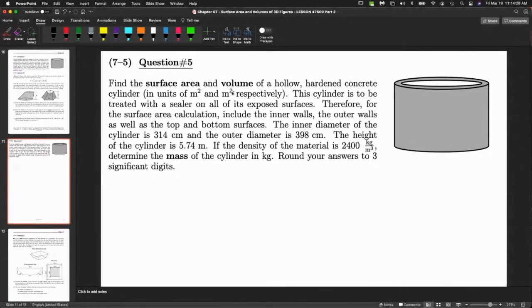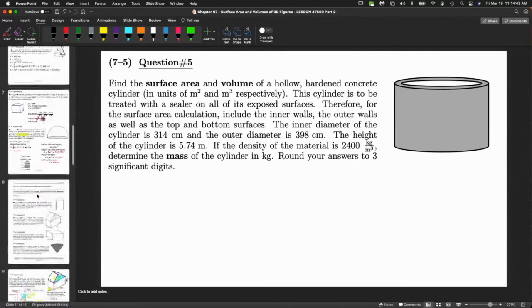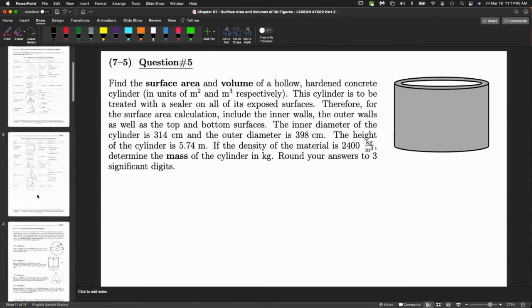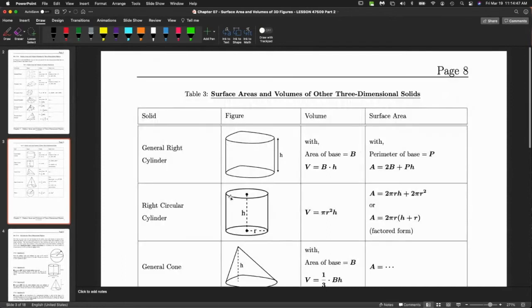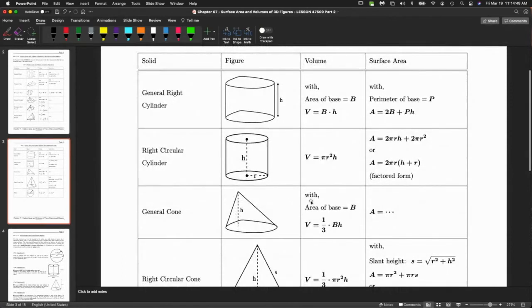So it says find the surface area and the volume of this shape. So I'm gonna talk to you about prisms. So let's go back here to prisms, and specifically we're going to talk about cylinders.